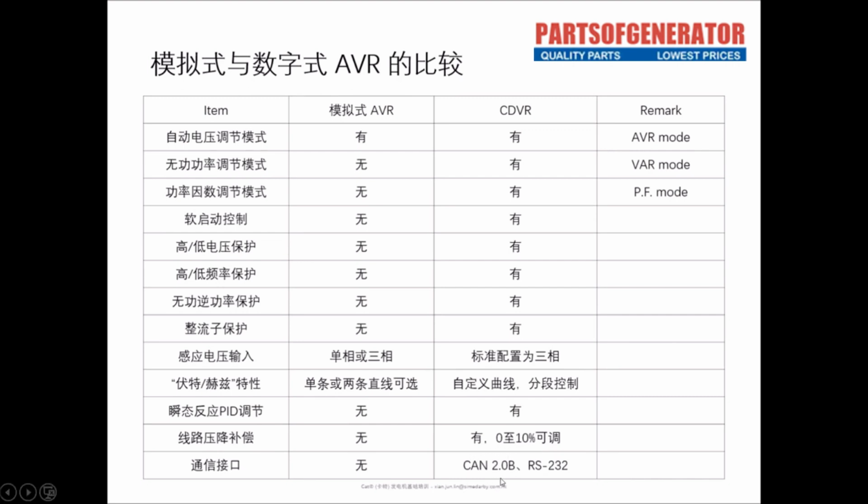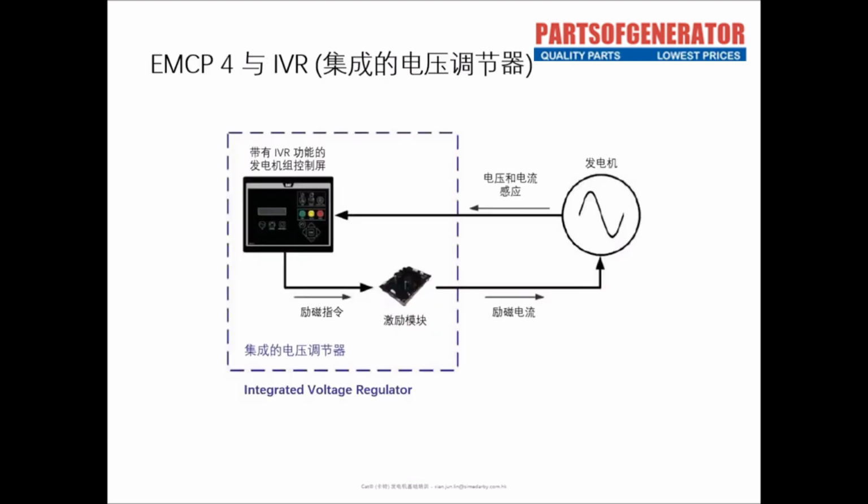Like the PID in this CDVR. For adjustment, we directly connect to the computer and then enter the PID value and line voltage drop on the computer, which means that we need to directly ensure the voltage at the load end.